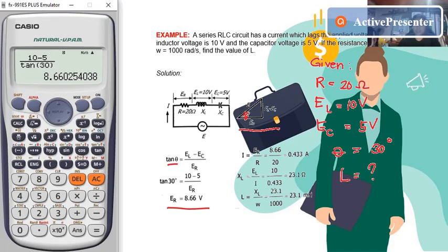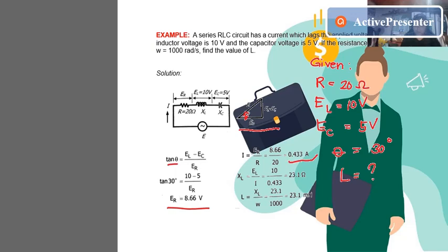Since we now have ER and the resistance given in the problem, we can solve for the current. So current is equal to ER over R, 8.66 divided by 20 ohms. Our current for our RLC circuit is 0.433 amperes.